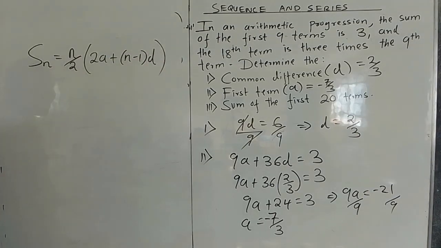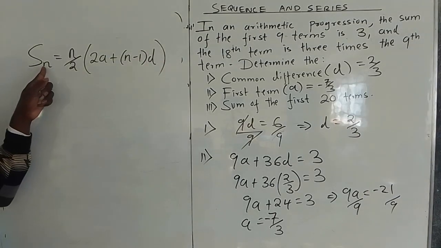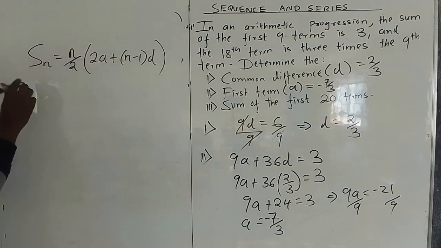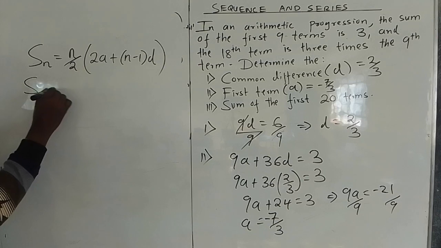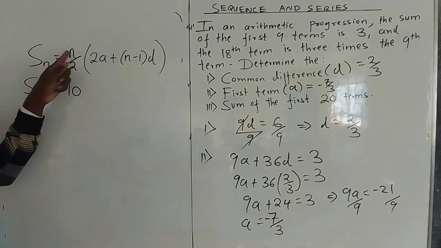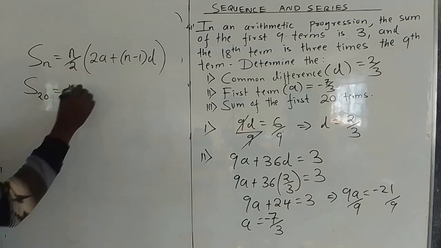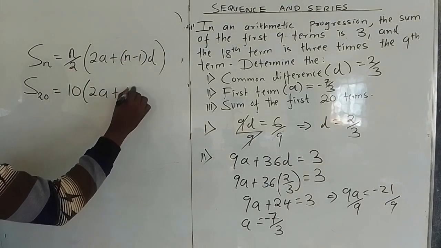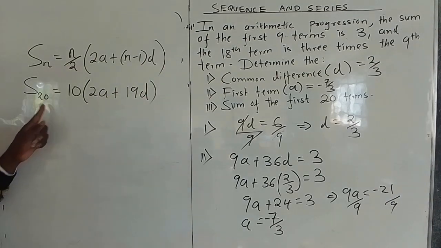So when n is 20, where there is n, you put 20. You get the sum of 20 terms is 20 over 2, which is 10. In bracket, 2a plus 20 minus 1, 19d. So this is S20.